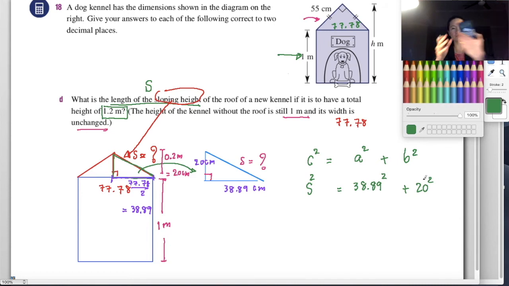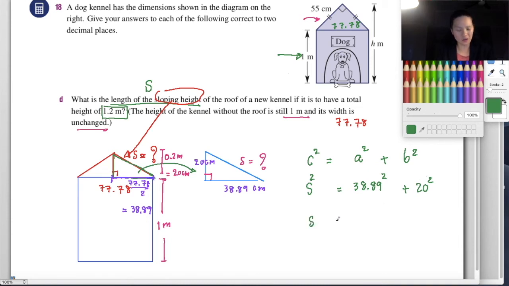Okay, and I just use my calculator very quick. 38.89 squared plus 20 squared. 20 squared is equal to this number, and then I give it like an answer, and then square root it.